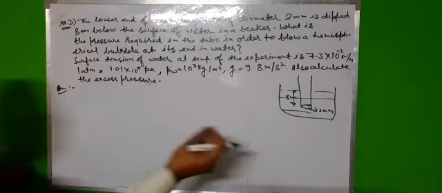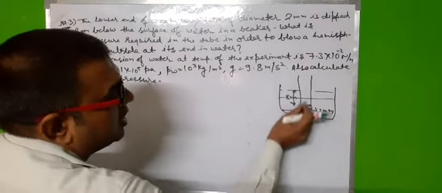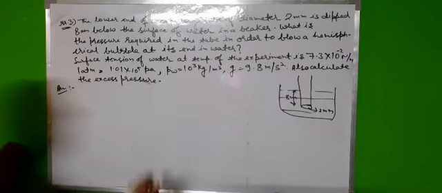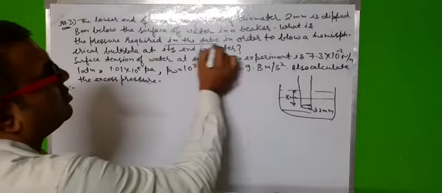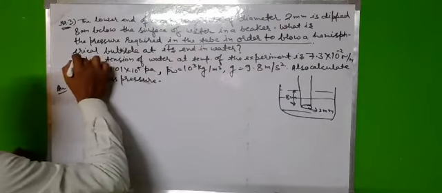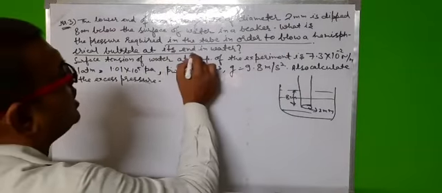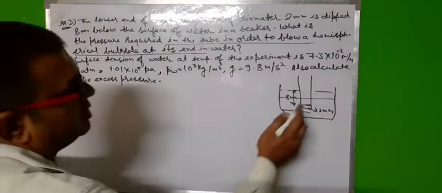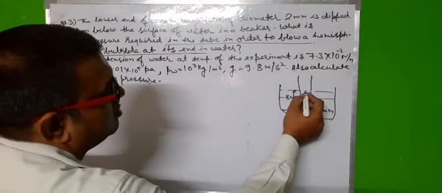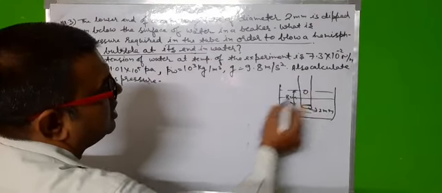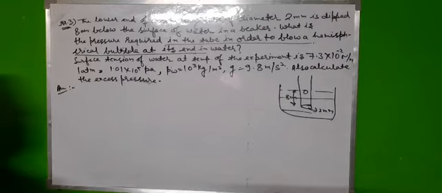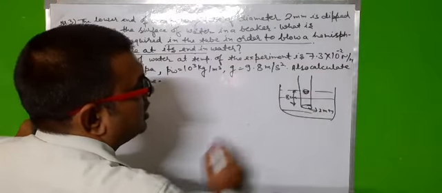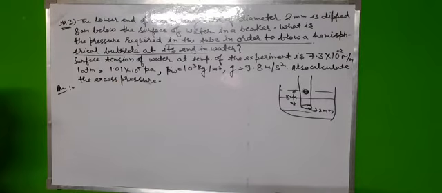So we have to blow a hemispherical bubble at the end of the tube. Here there is a hemispherical bubble, just like this, a hemispherical bubble.